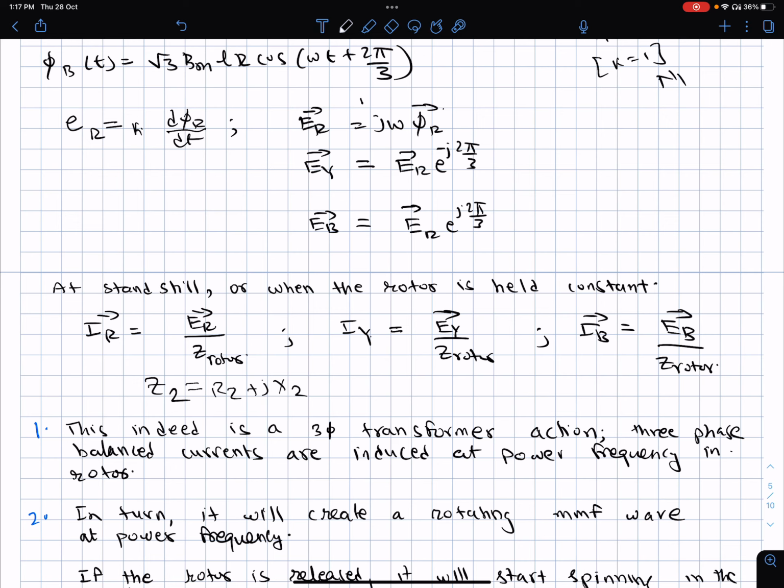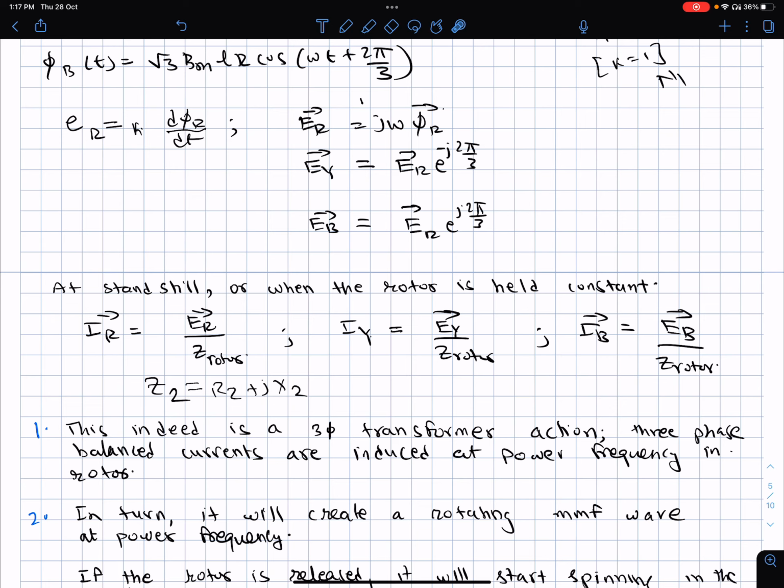So here, the current which will be flowing through the secondary winding will be ER by Z2.